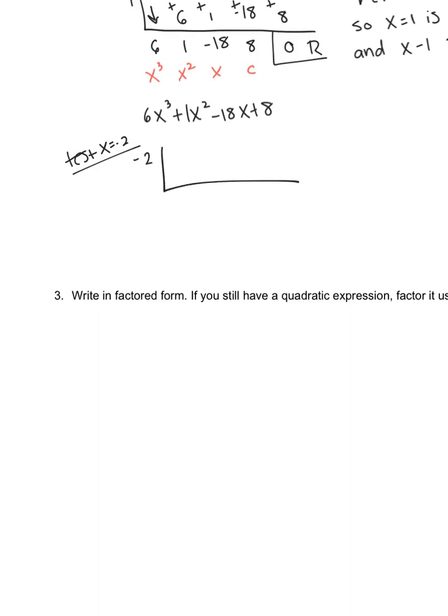So I'm testing negative 2, and then I'm going to bring down these numbers. Okay, bring down your first number. And we get 0 again. So that means, since I have a 0 remainder, that x equals negative 2 is a root of my polynomial.